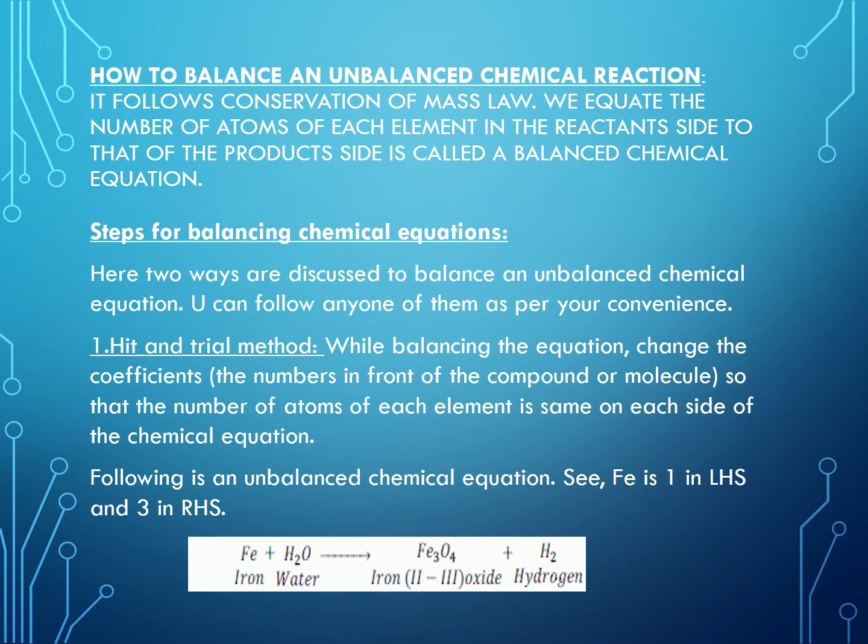We have taken here iron reacting with water to give iron oxide and hydrogen. If we see the number of atoms of iron on the left hand side, it is 1, but on the right hand side it is 3. That means it is unbalanced.